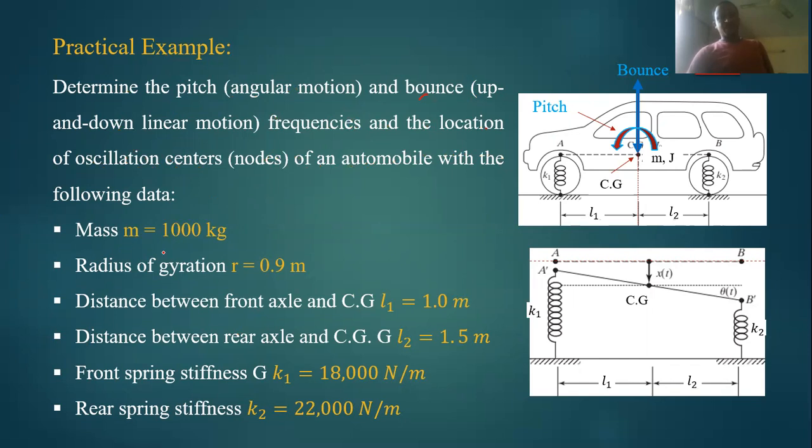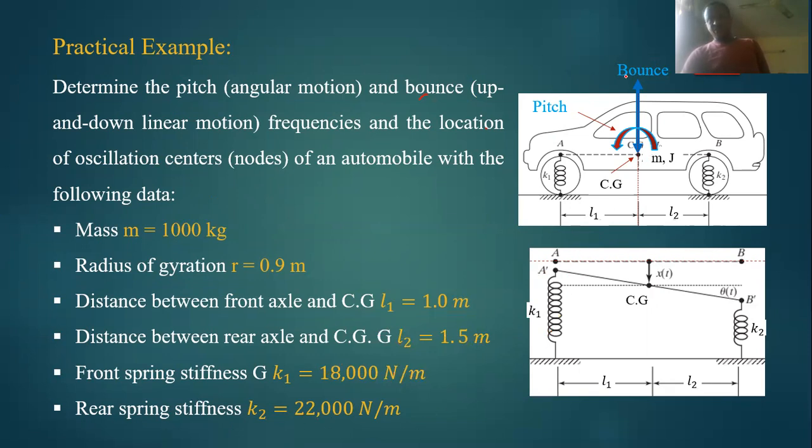Mass is given, radius of gyration is given, the distance from the front axle location to the center of gravity is given, the rear axle location to the center of gravity is given, the stiffness of the front and the rear are given.